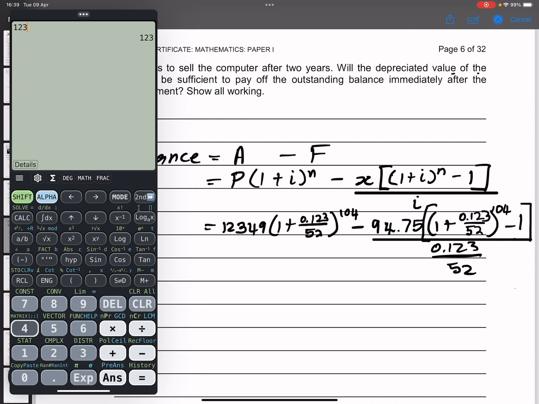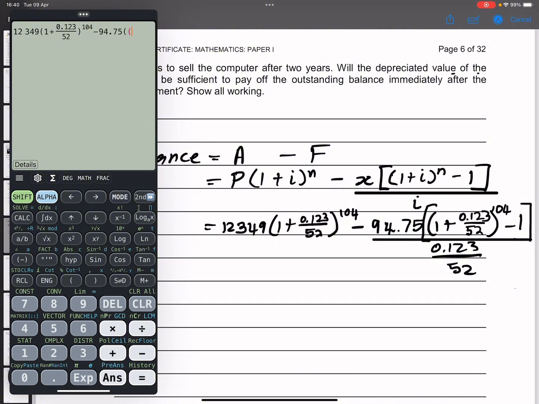So that's 12,349 into 1 plus 0.123 over 52, and in this case, we've got exponent 104. Okay, that's minus. All right, we should be very careful when we're using these calculators. This is minus an amount of 94 rand and 75 cents, but in this case accumulated.